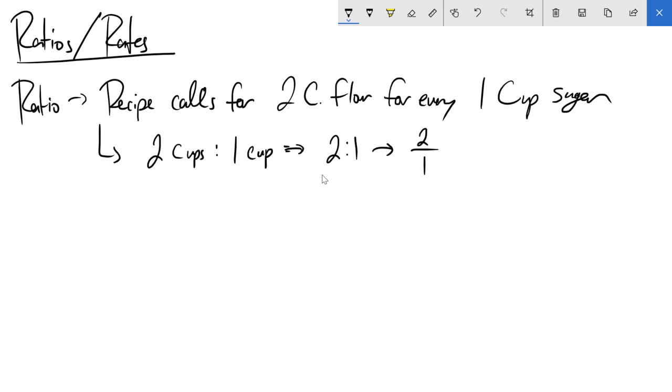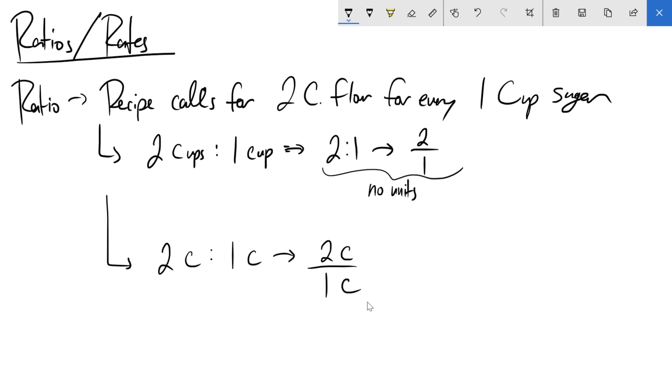Now you'll notice over here, I list it with no units, and ratios actually don't have units, because ratios compare two things that have the same unit. If you think about this in terms of units, 2 cups to 1 cup, when I turn that into a fraction, 2 cups over 1 cup, if you have the same unit in the numerator as in the denominator, the units actually cancel.